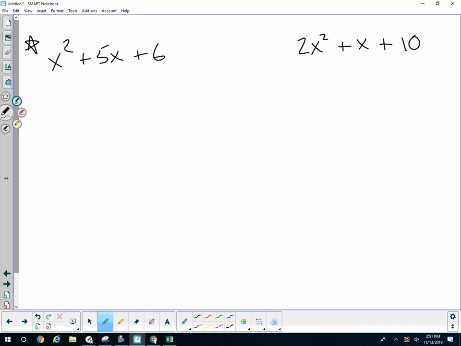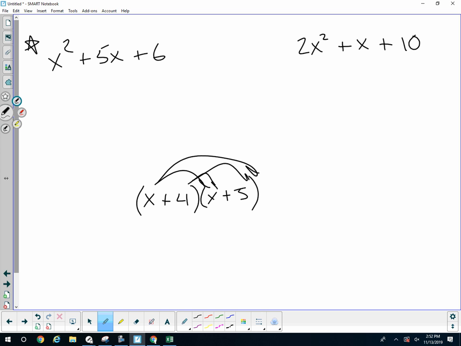Okay. The key to understanding how to factor this is understanding how we multiply this. When multiplying this, we realize that we don't have to do all of the distribution.